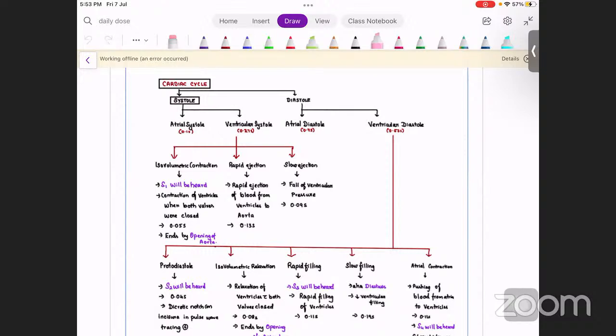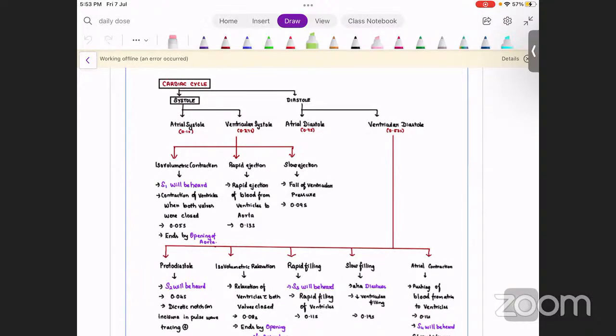Due to the short amount of time, we are going to highlight the important things you should not miss. Is that clear? Shall I proceed to the cardiac cycle, people?